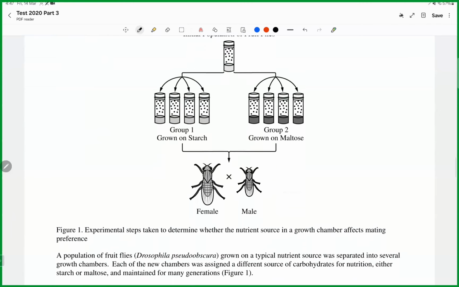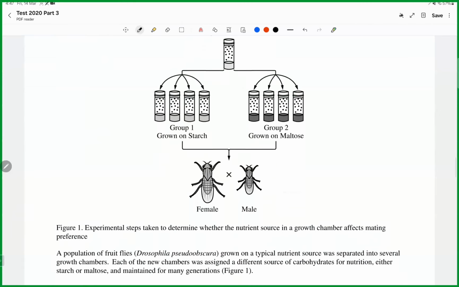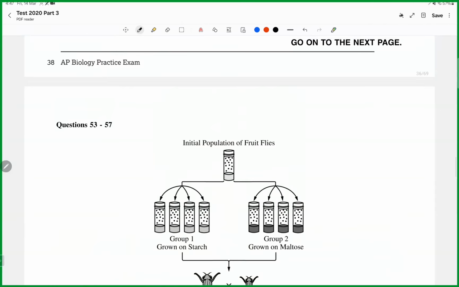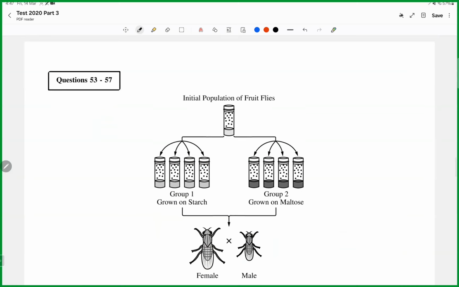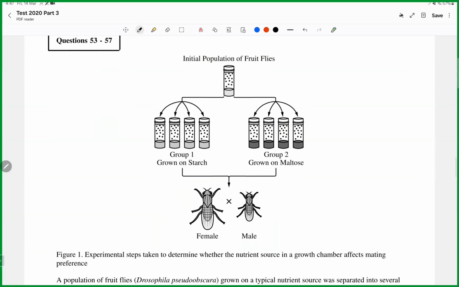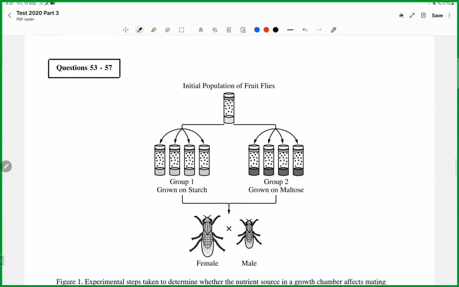Oof, another one. Question 53 to 57. Started a bit late. Let's go there. What's not helping with the monitor, just saying, because it's hard to carry back.